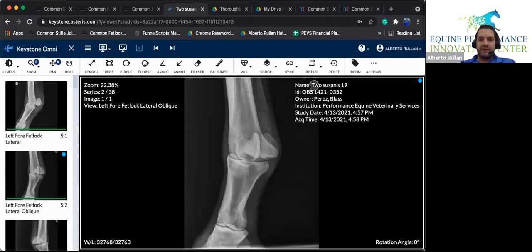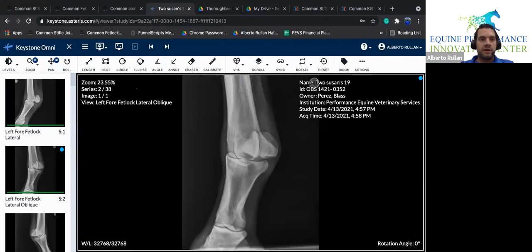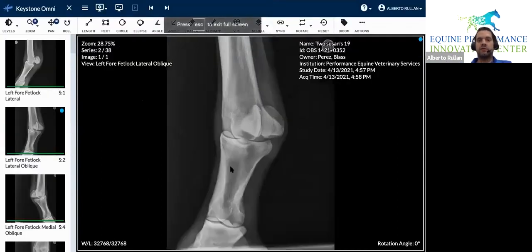So this is obviously the fetlock. In order to have a good reading of a radiograph, it is extremely important that you read the whole radiograph all the way from the top to the bottom, right? So in the fetlock joint, it is very important to start right here and you go from the cannon bone all the way to the condyle, right?